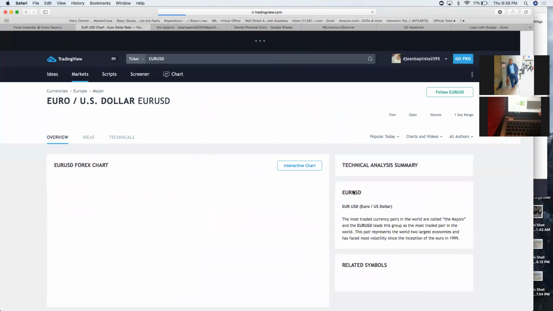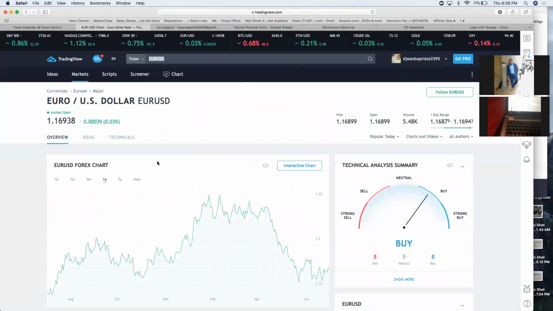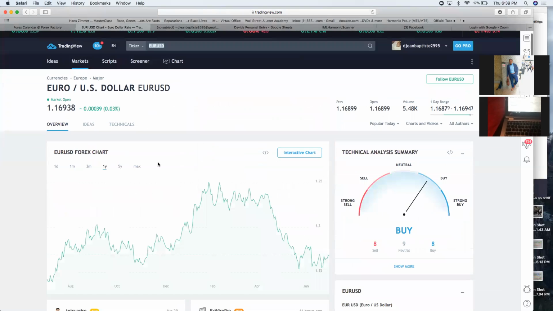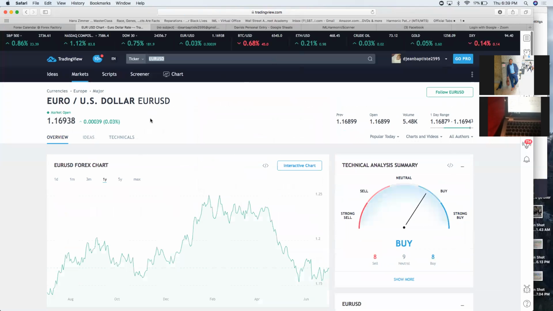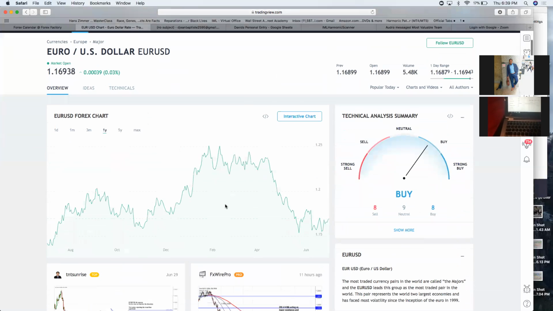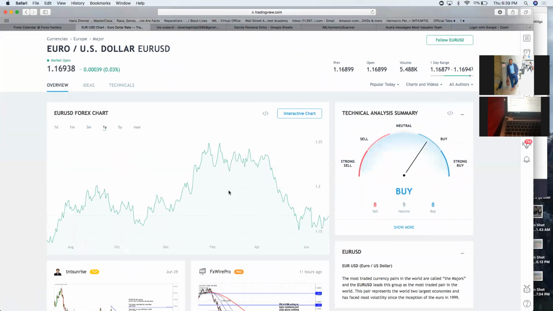So by clicking on this, on euro US dollar, you'll be going to another page where this page is literally all about euro USD and what's been going on in euro USD.